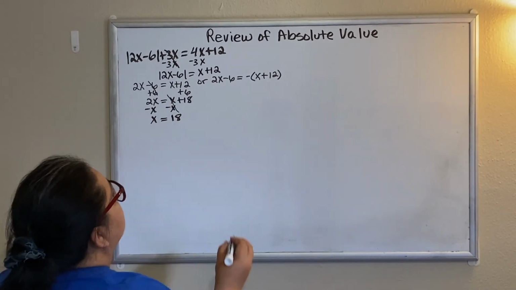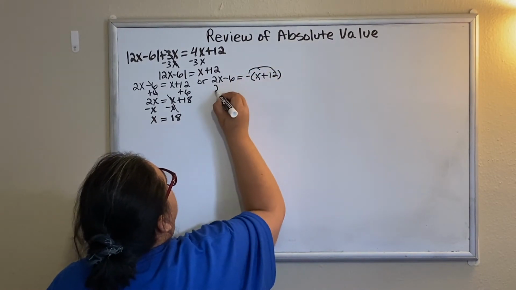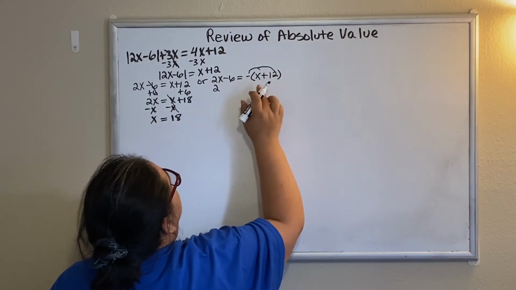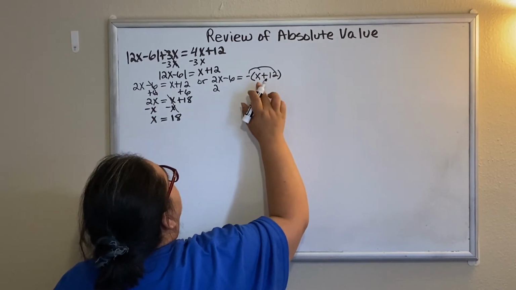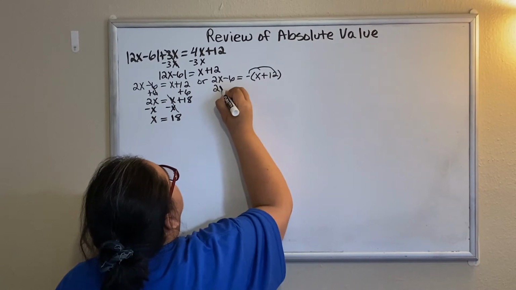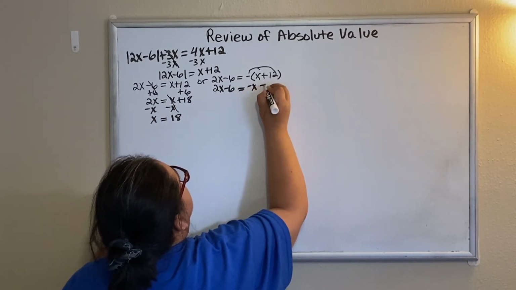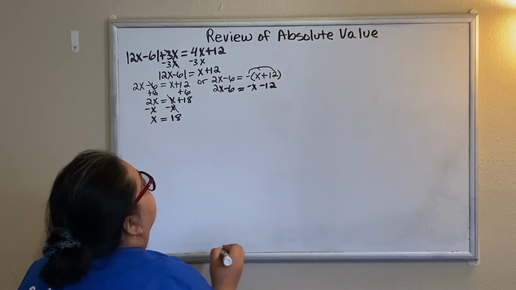On the other side, we're going to distribute the negative to both terms here, sorry. We're going to distribute the expression to x and to 12. So we get 2x minus 6 equals negative x minus 12.